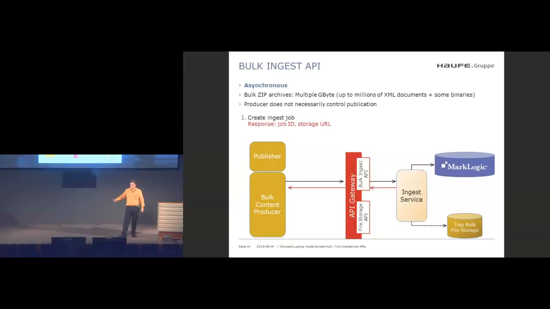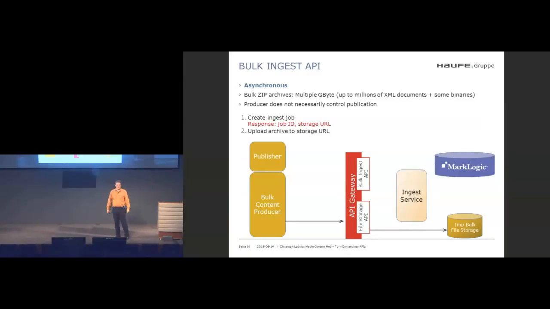So the first step here is that a bulk producer would notify the Content Hub that there is a new ingest job, and it would get back a job ID, plus some location where it can hand over the archive. Using the file storage API, the producer pushes the archive into the temporary file storage.